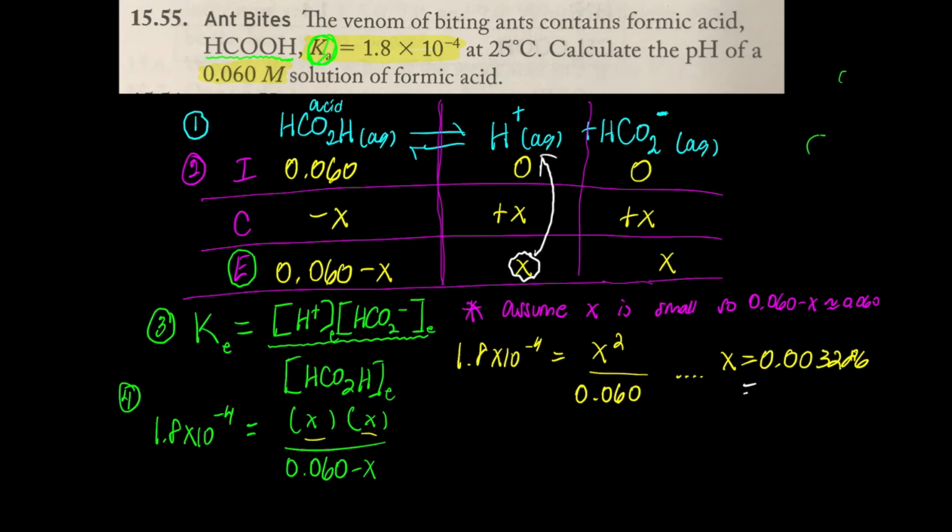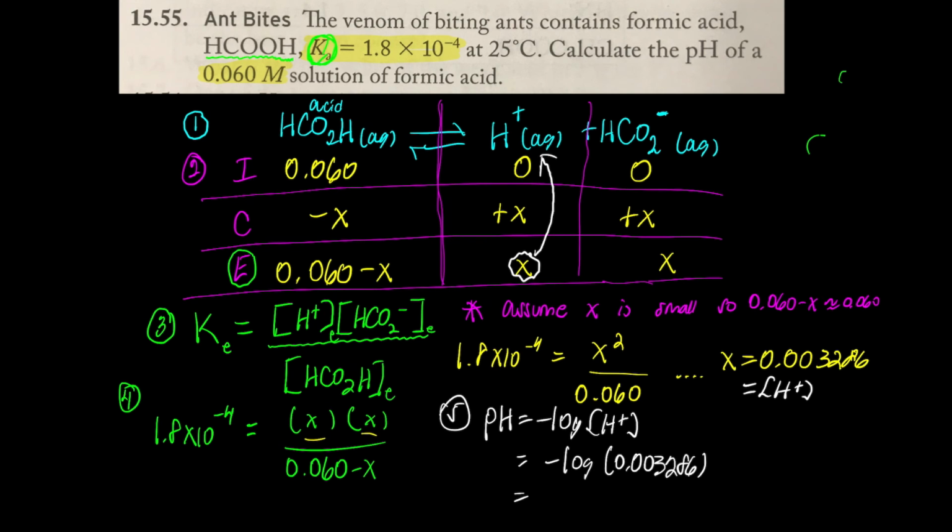That's important, so we don't lose sight of the chemistry part of the chemistry problem. And so now we can calculate minus log of H+. This is how we calculate pH. So we're going to have minus log of 0.003286. And at the grand final here, we get 2.48. Okay, pH is 2.48.